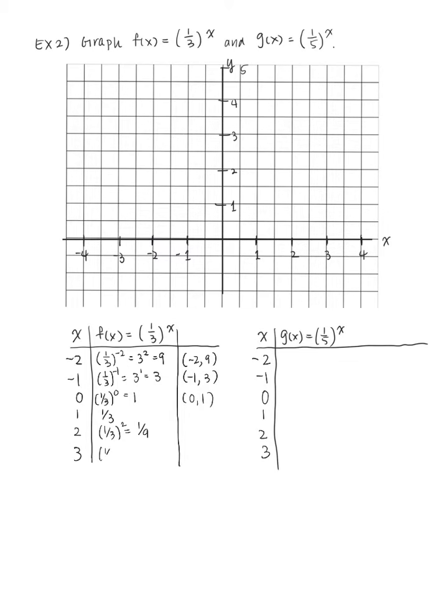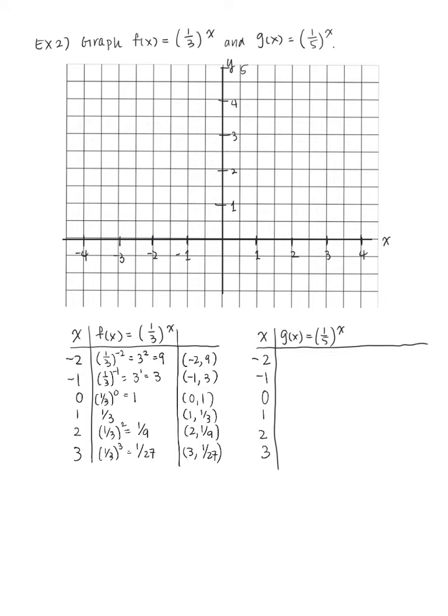And when x is 3, we're going to have 1/3 to the 3rd power, which will give us 1/27. So let me just write in terms of an ordered pair. So you got 1, 1/3, and then 2, 1/9, and then 3, 1/27.